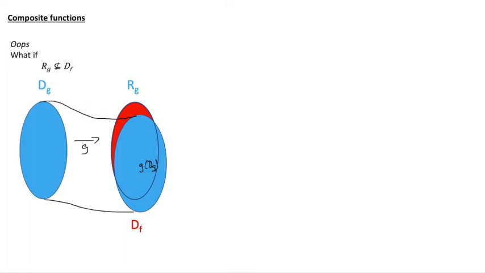Those bits at the bottom there, we can see there are elements that are in the range of G that are not in the domain of F, and that arrow, the black arrow, is coming from that portion, and we want to try to apply F to it, but we can't because F only applies to the domain of F, and because that value is not in the domain of F, we're not allowed to apply F to it, and that means we cannot form the function fg of x.